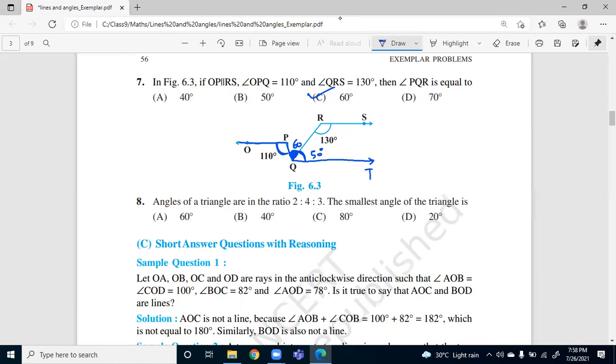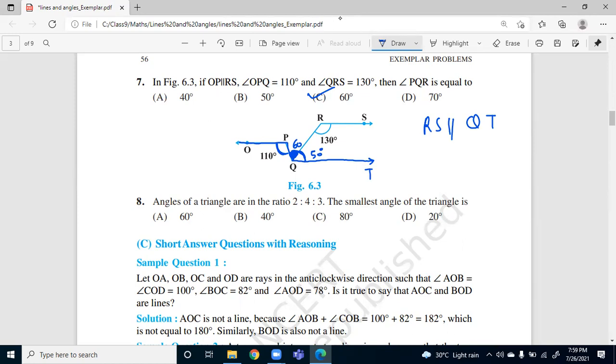So 60 plus 50, that is 110 degrees. Here you require a construction, that is, a line you have to extend and make a line QT which is parallel to RS. Then you have taken help of the sum of co-interior angles and then adjacent angles.